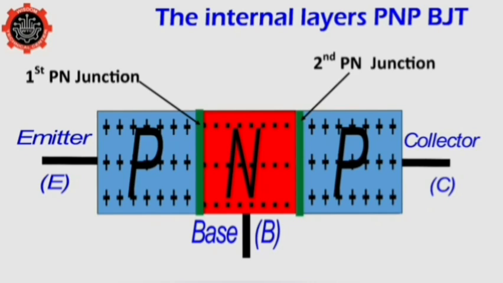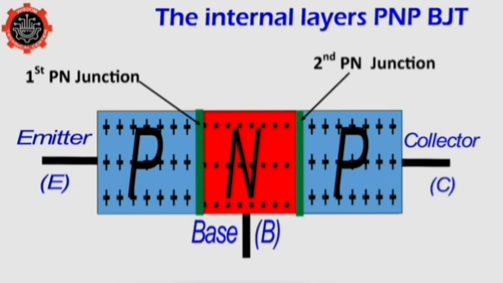And the good news here is that it has the same three names for the leads as an NPN transistor. But with the PNP transistor, everything is the reverse of the NPN transistor.